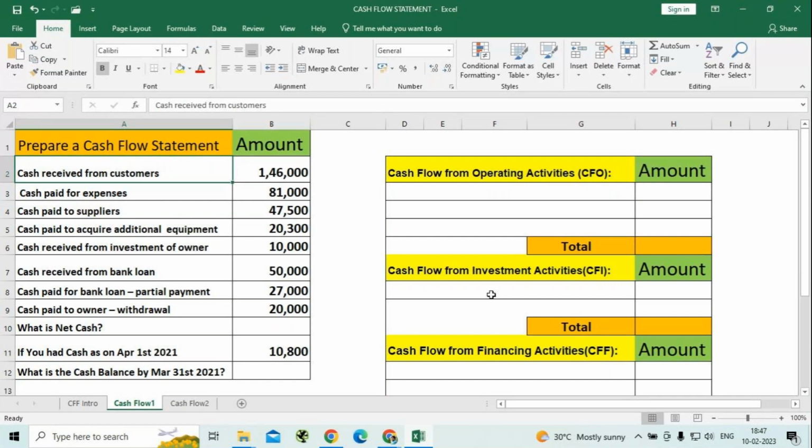The money you earn from these sales, you use for your daily activity. So which part of this cash flow statement is related to the day-to-day activities? Is it operating, investment, or financing? Good try, ma'am. This is going to be related to the operating activities.